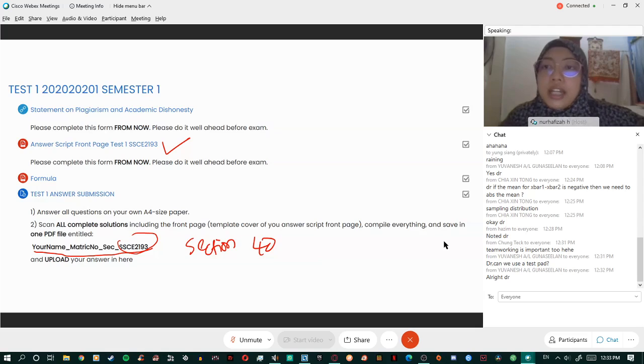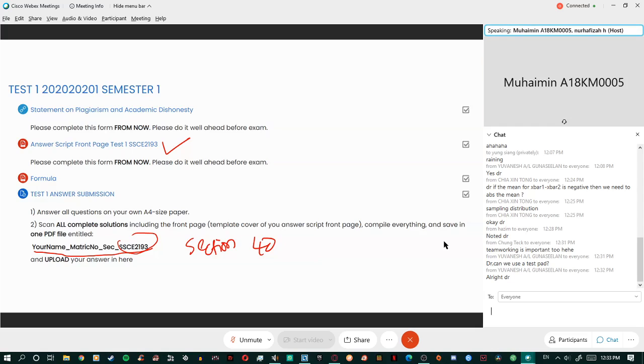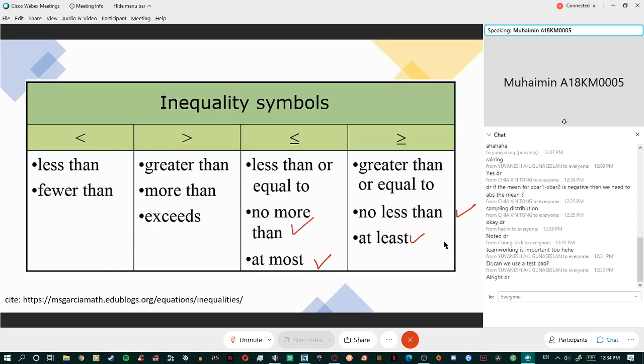Mohaimin, do you want to ask a question? Yes, madam. Can you explain for our slide sampling distribution, example 9? Universal factory produces two types of tennis balls, type A and type B. I am a bit confused between B and D. Which one?